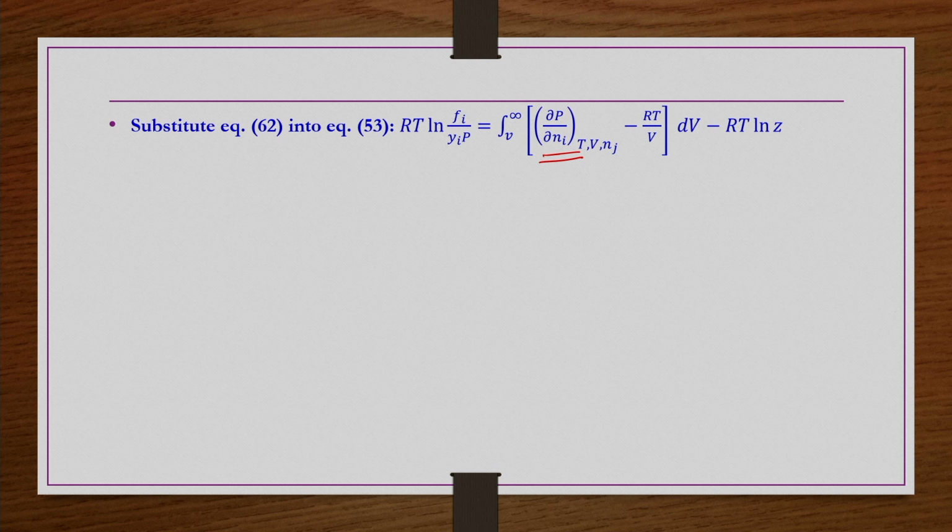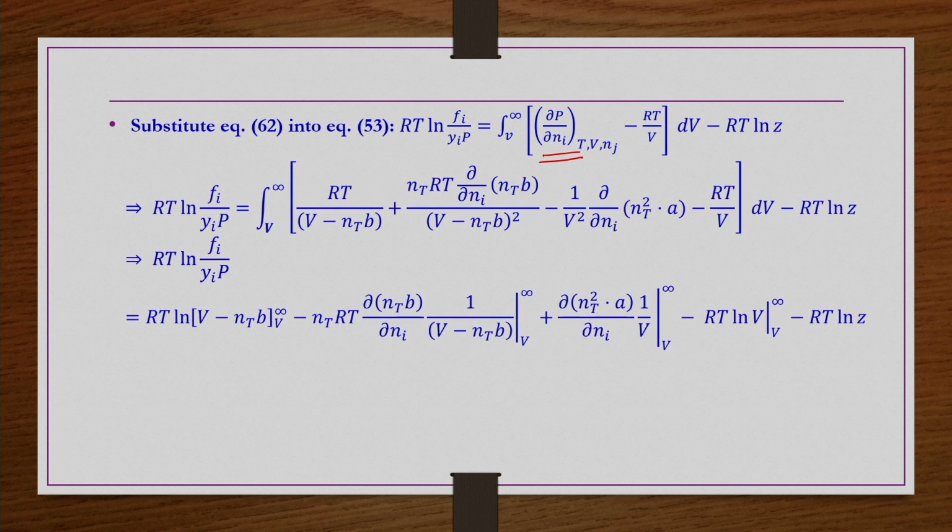This is the equation for the fugacity of component i if the equation of state is given in a pressure explicit form, right. So, now here this ∂P/∂Ni is nothing but this term, just we had minus RT/V as it is, and then minus RT ln Z is as it is.